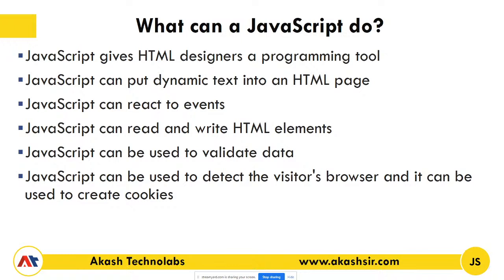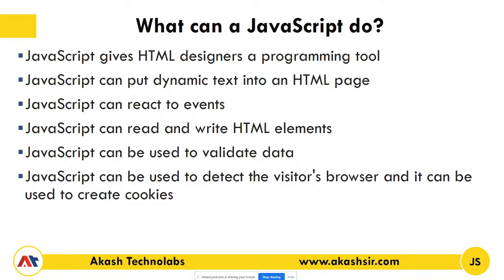Okay. So then what is next? Next, JavaScript can be used to validate data. That is the most important thing. For example, if someone is entering some data in the text box, and I want to check whether the data is valid or not, JavaScript is very useful, right? Because in HTML we don't have any conditions.